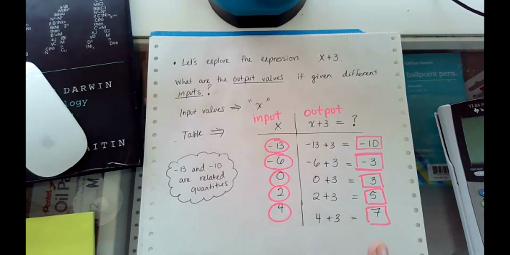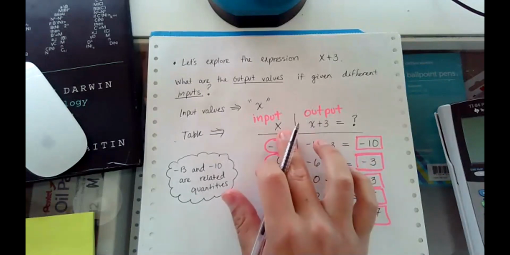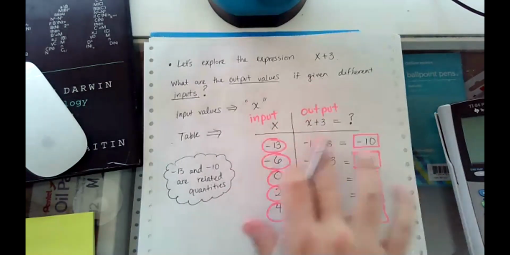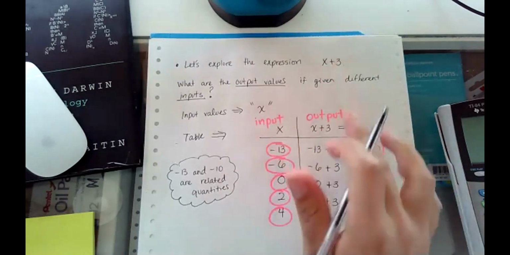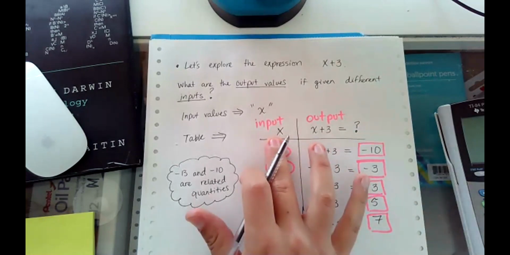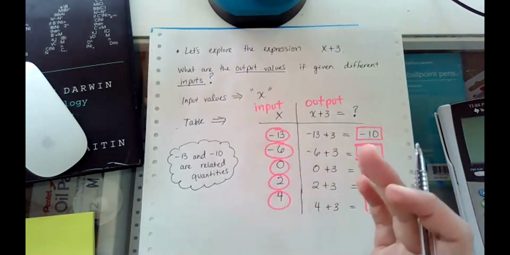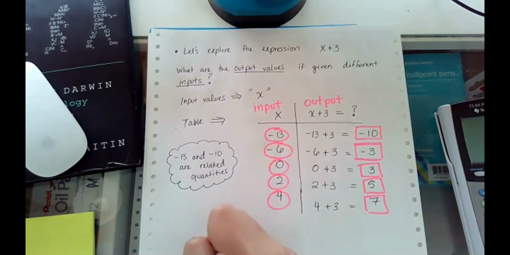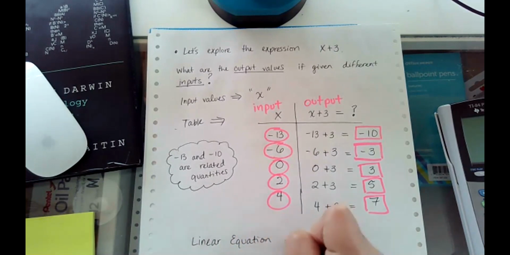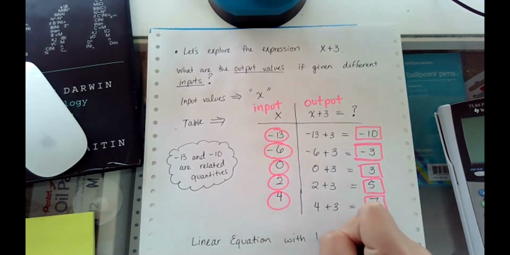What we could do is, this is what we call a linear equation if we think about it as taking an input and spitting out some output. But usually what mathematicians will do, they'll write this as a linear equation with two variables.